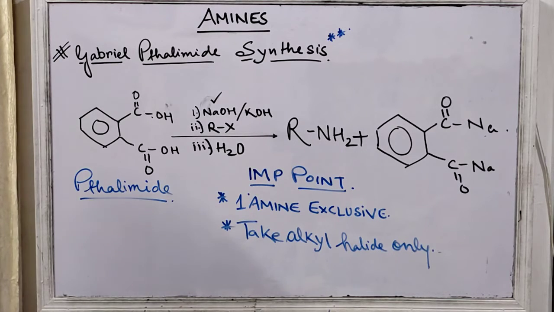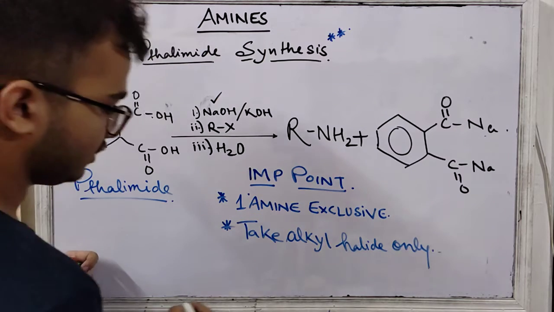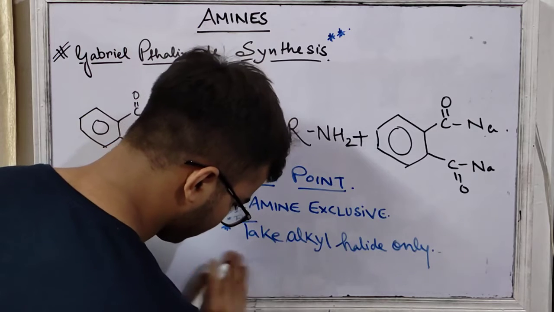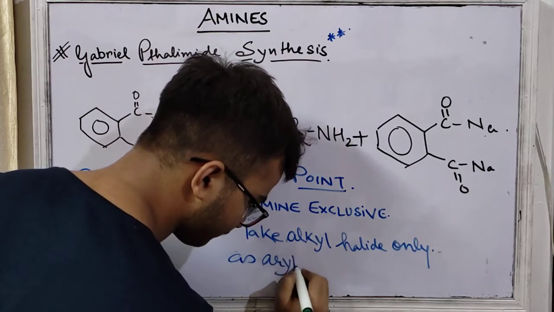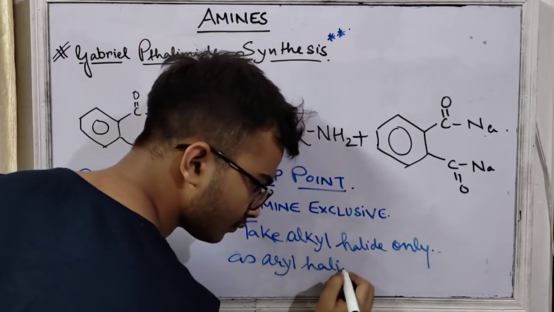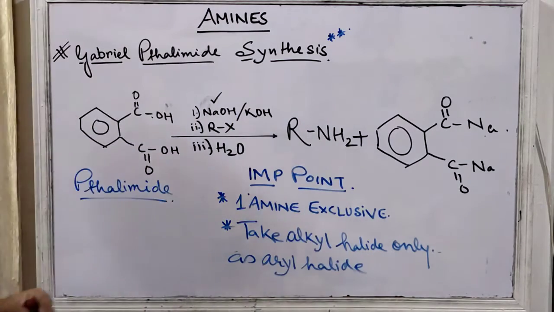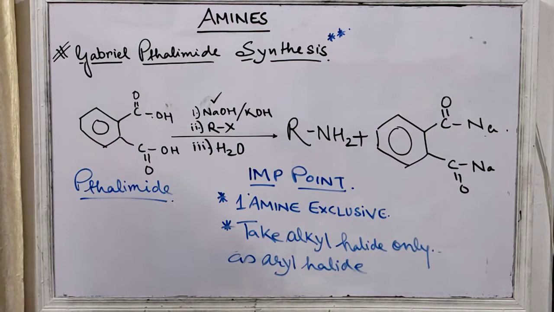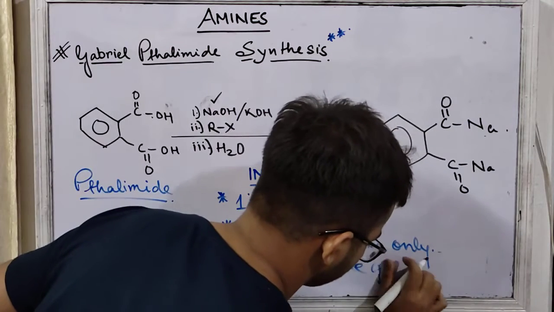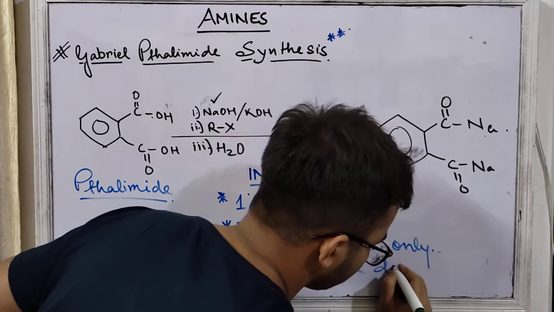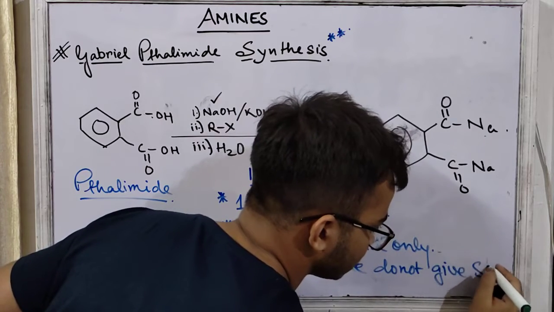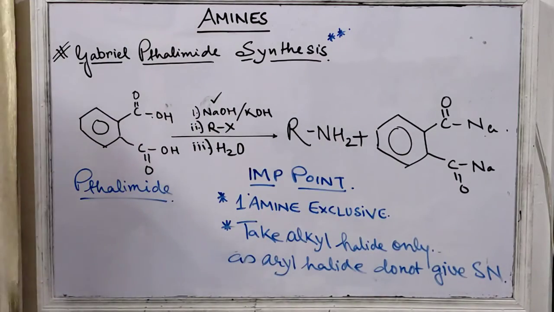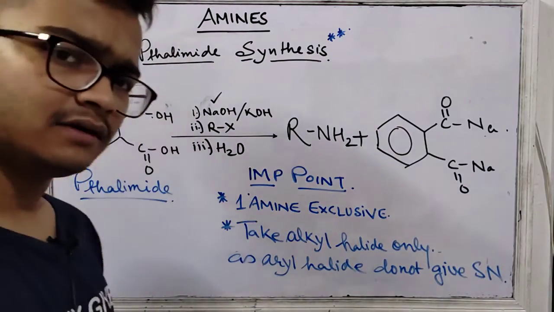The next point which comes is why we will take only alkyl halide, as aryl halides do not give substitution nucleophilic reaction. Okay, so this was about the Gabriel phthalimide synthesis.